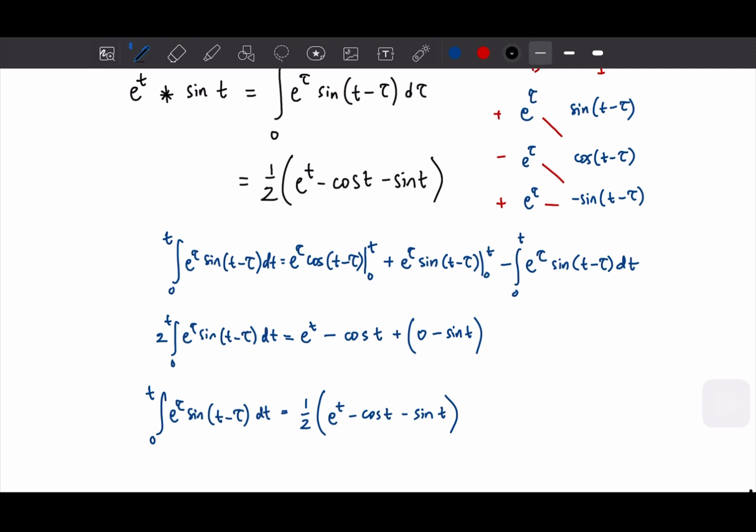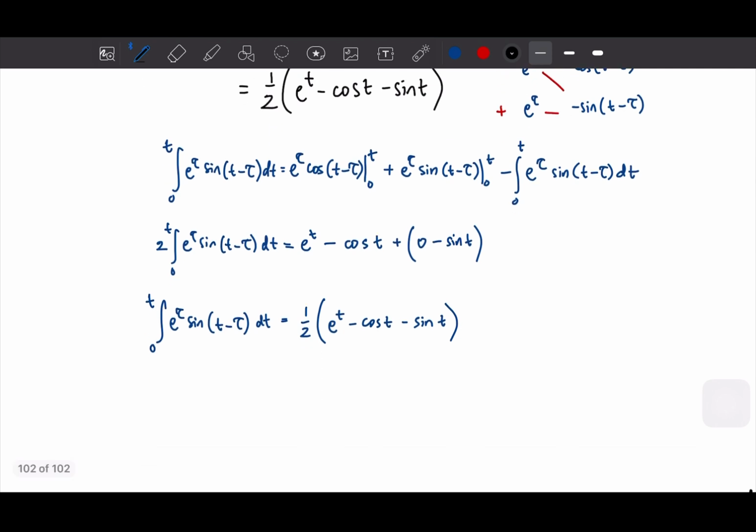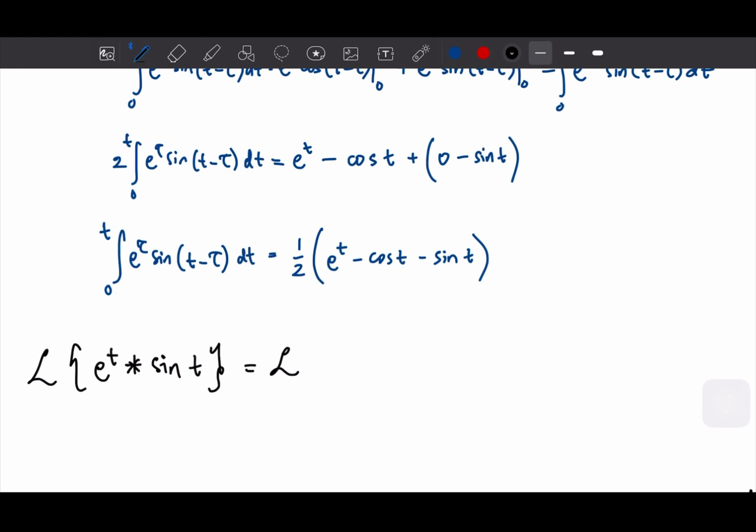Okay. Now if you take the Laplace of that function, then we are going to take the Laplace of half e to the t minus cos t minus sin t.